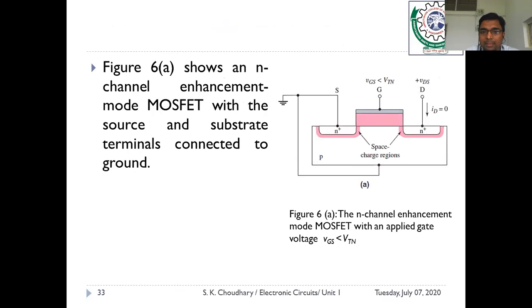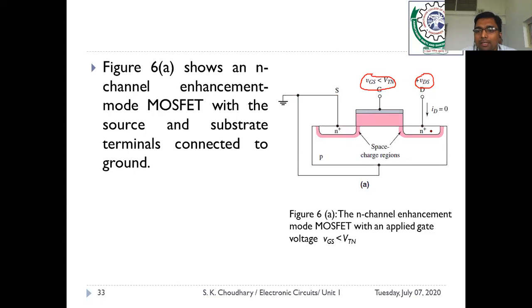This is shown here in the diagram, figure 6a, where we apply a gate to source voltage. Here the gate to source voltage is less than the threshold voltage. This is the first case. Source and substrate are shorted to each other and connected to ground. Drain is given some positive voltage.